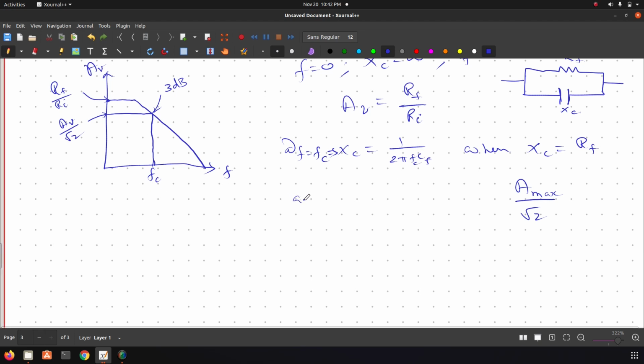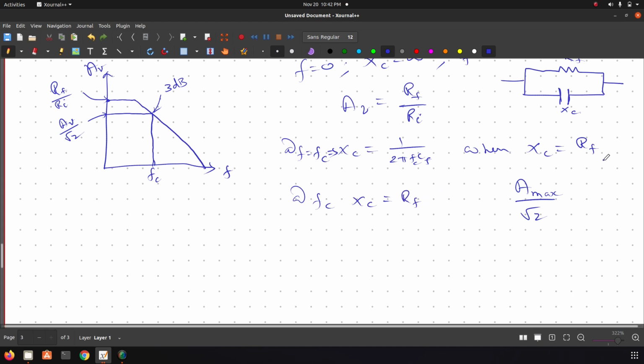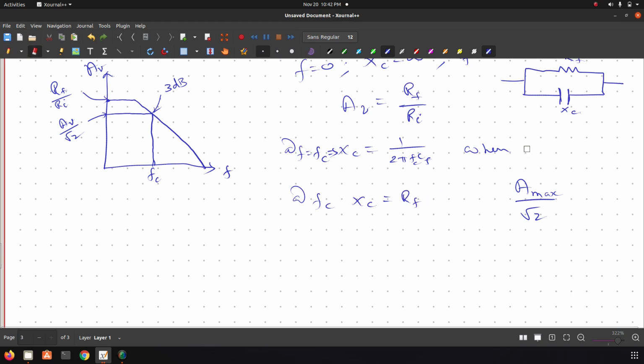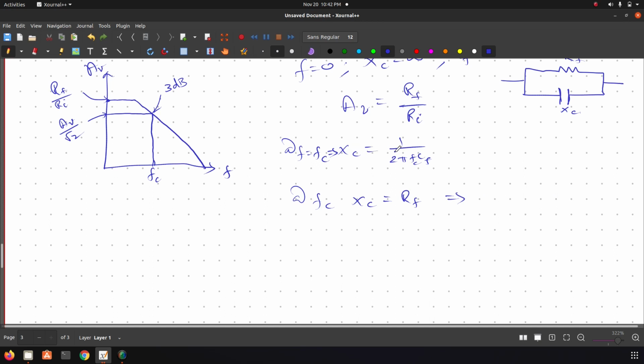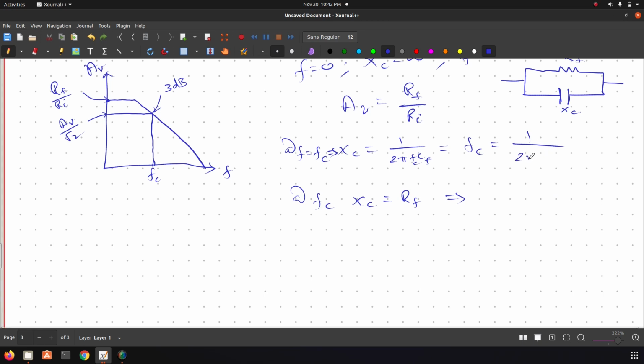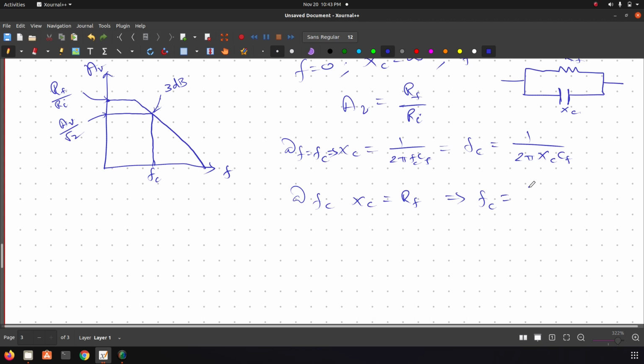We know that at fc, XC equals RF. Therefore fc equals 1 by 2 pi, and at fc we know that XC equals RF, so we can replace this XC by RF.